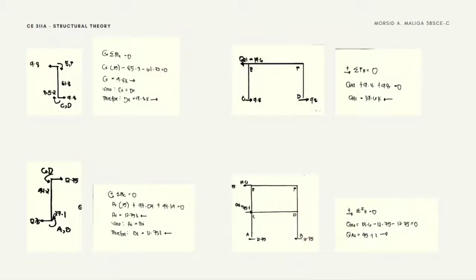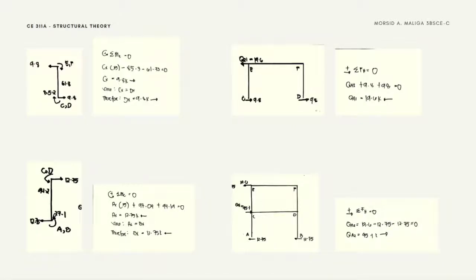If we transpose it all and divide both sides by 15, makukuha natin yung value ng Ax is 12.75 kips to the left. Also, since it is equal to Bx, it is also 12.75 kips to the left.